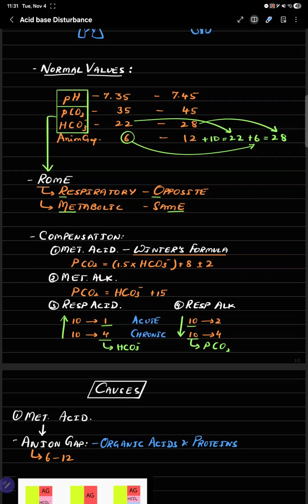In that way, in respiratory acidosis, there will be an increase in PCO2, and every 10 increase in the acute state will cause a 1 increase in bicarbonate, and every 10 increase will cause a 4 increase in bicarbonate in chronic states. Similarly, for respiratory alkalosis, instead of an increase in PCO2, there will be a decrease in PCO2, and instead of 1 and 4 in acute and chronic, it will be 2 and 4 in respiratory alkalosis.